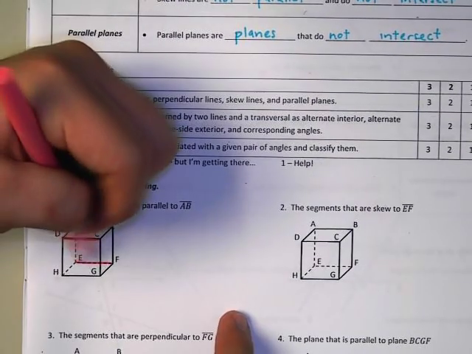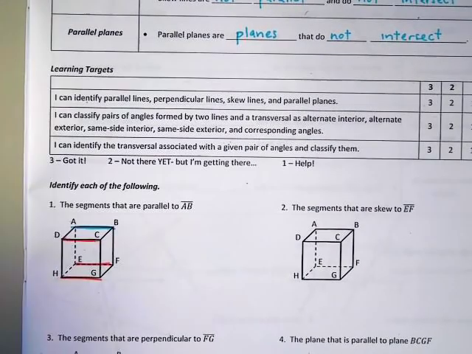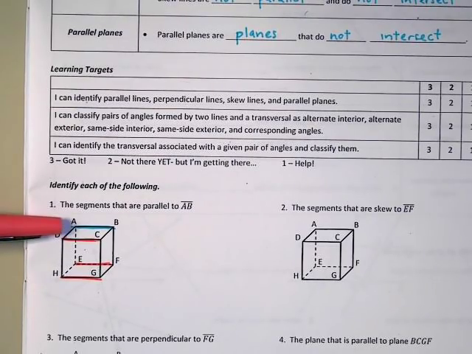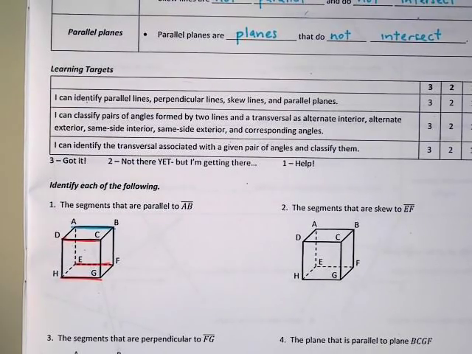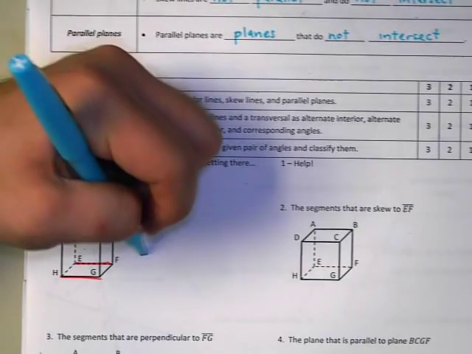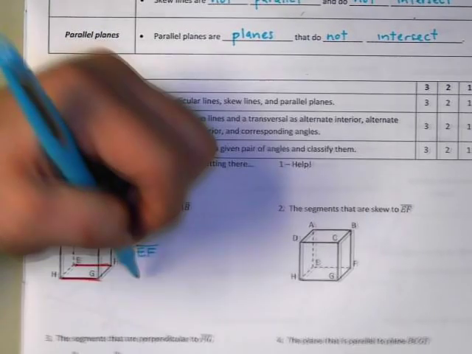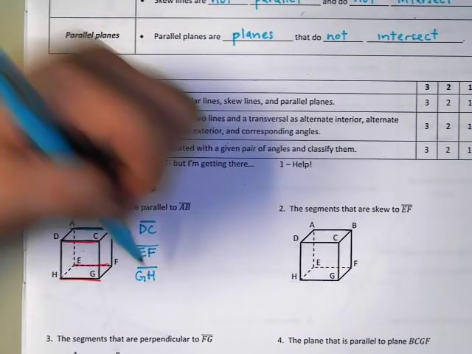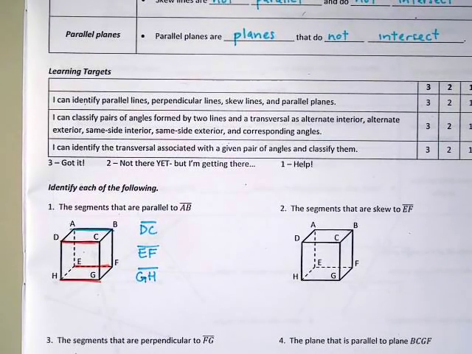Also EF and GH. Do you see how those three lines are going in the exact same direction as the original? They're never, ever, ever going to touch. So those would be our options. We would say DC, EF, and GH. All right? Order of lettering does not matter. Don't worry about it. But yeah, there's definitely three.